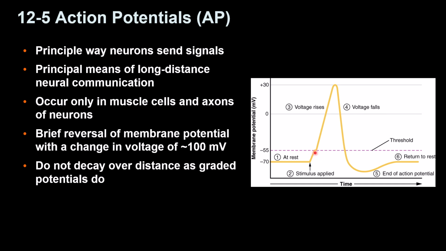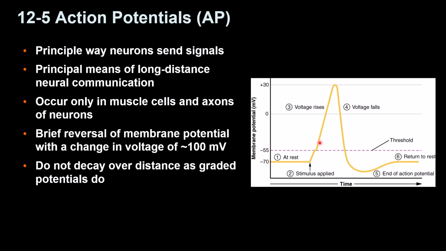If it goes above a specific millivolt value, which varies from one neuron or tissue to another, that is called the threshold. If it goes above that, it will cause an action potential. If it does not, it still causes depolarization but not an action potential.